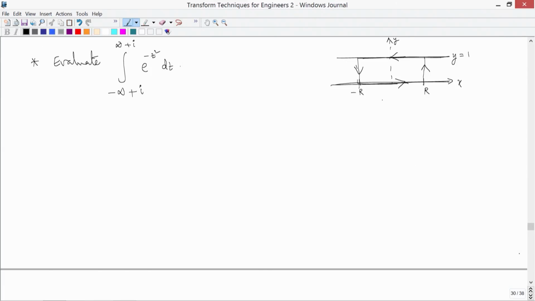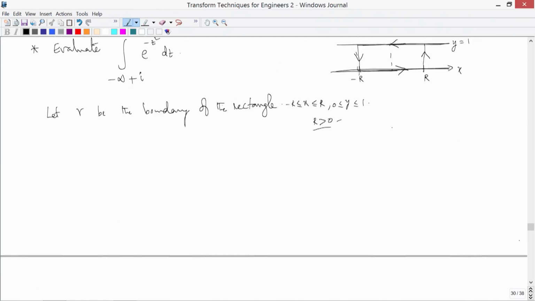So, let gamma be the boundary of the rectangle, where x is between minus r and r and y is between 0 and 1. So, that is your rectangle. Here r is any positive number.